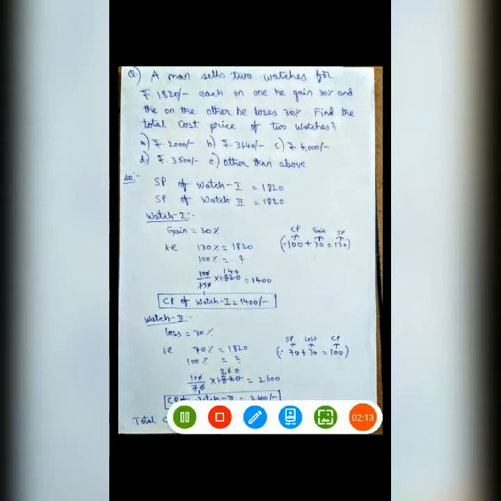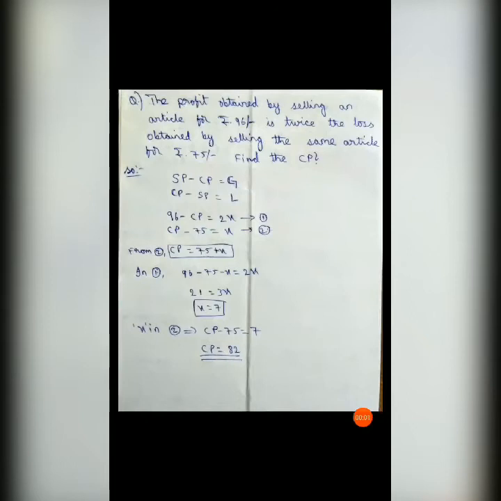Now let's move on to the third question. The third question is a bit interesting one. Let's see how to solve it. The profit obtained by selling an article for rupees 96 is twice the loss obtained by selling the same article for rupees 75. Find the cost price. Some profit has been obtained when it is sold at 96 rupees and some loss has been obtained when it is sold at 75 rupees.